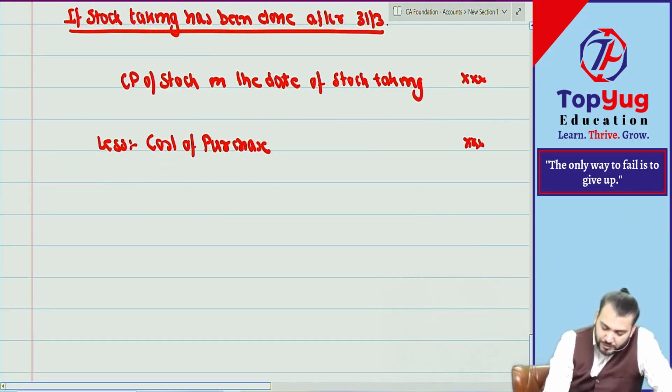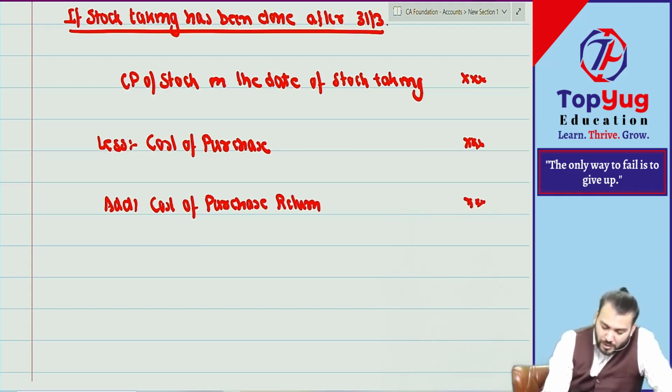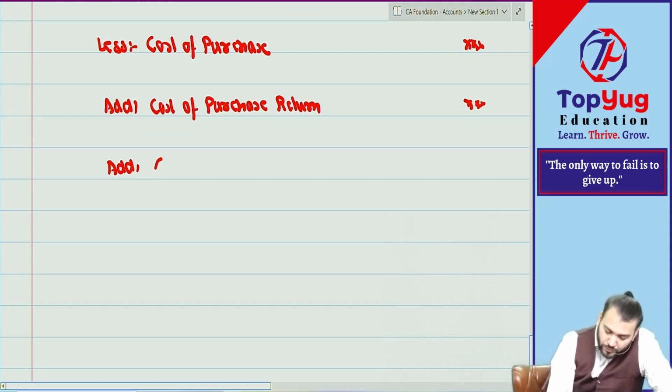Then we'll add what? Cost of purchase return. Then what? Add or less? Cost of goods sold.